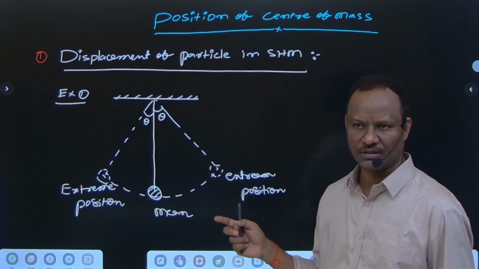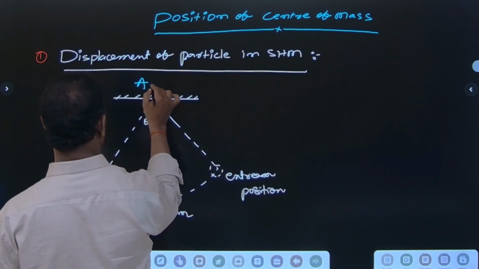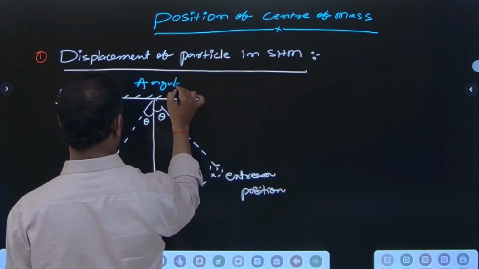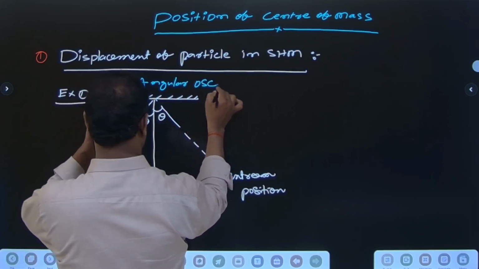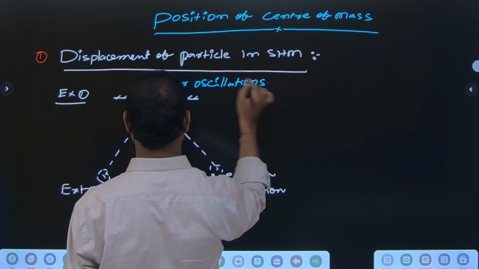Theta means we can call these angular oscillations. It is an example for angular oscillations.